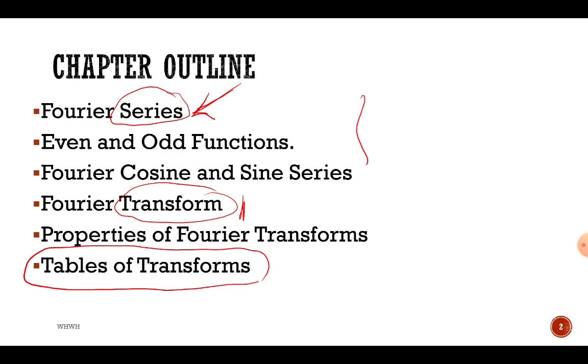So maksudnya, this Fourier is required as part of the solution dalam kita menyelesaikan partial differential equation. I hope all of you are clear about kenapa kita belajar this chapter 4.